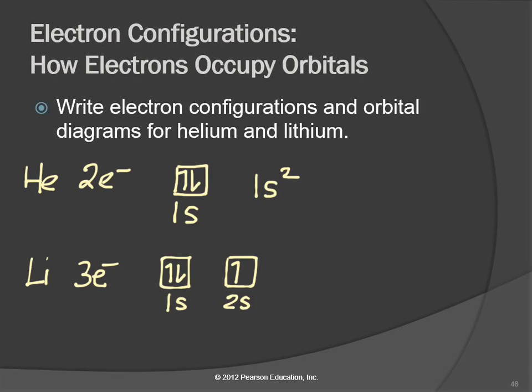They're going to go into the rooms that are cheapest first. And so how would I designate in an electron configuration for this one? We've got 1s2, and then 2s, and there's 1 electron in that.